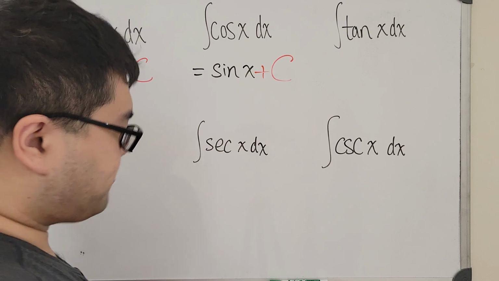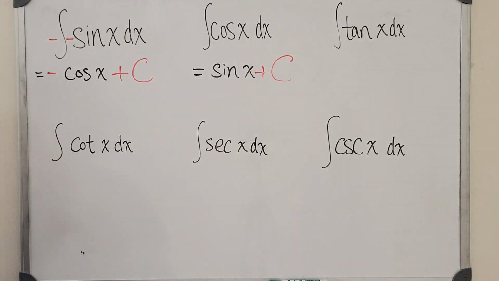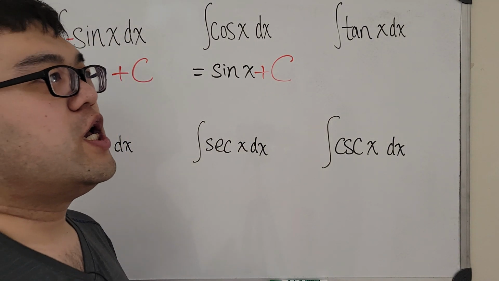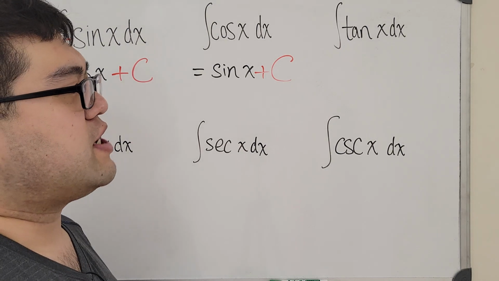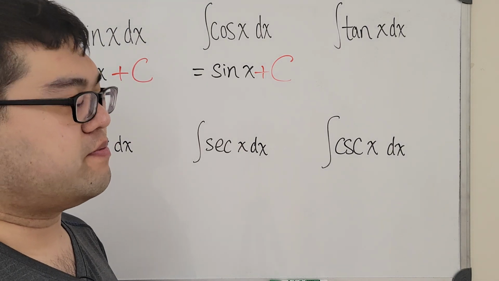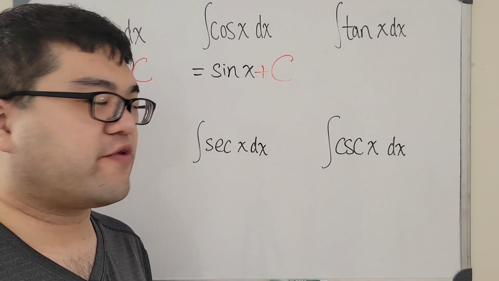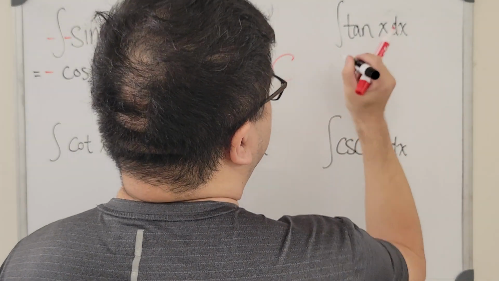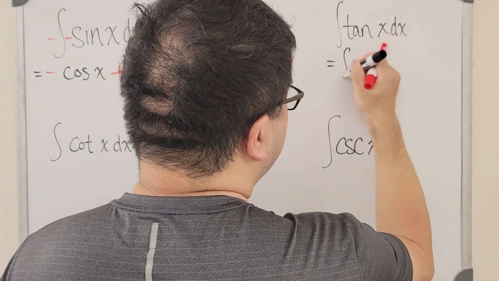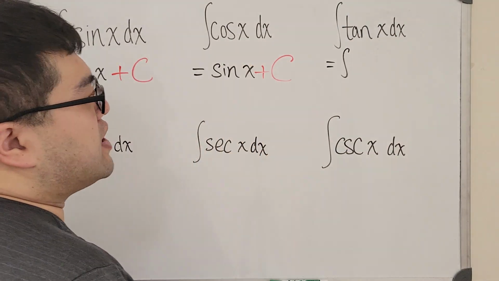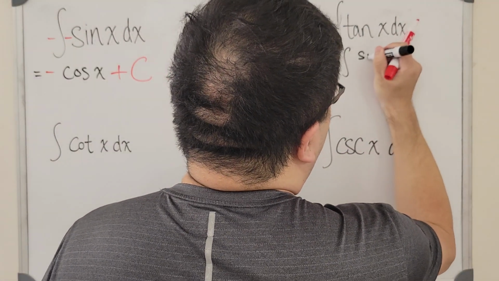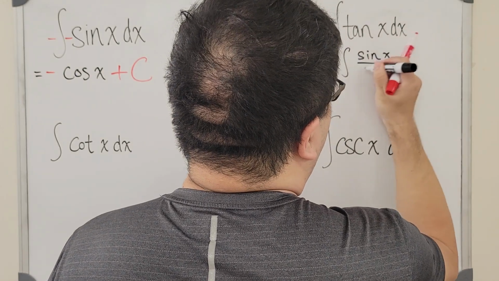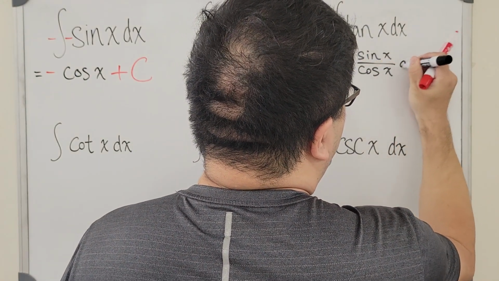All right, next one. We have tangent. So do we have any derivative of a trig function that's equal to tangent using the basic 6 different trig functions? No. What should we do? Well, first, we can actually try to rewrite tangent as, by definition, sine of x over cosine of x dx.